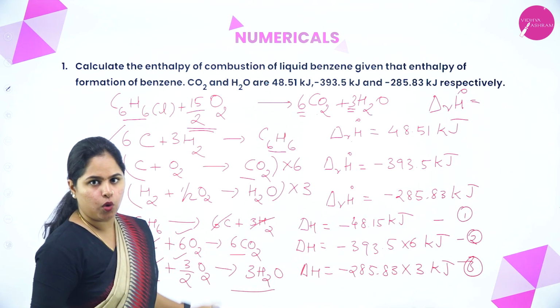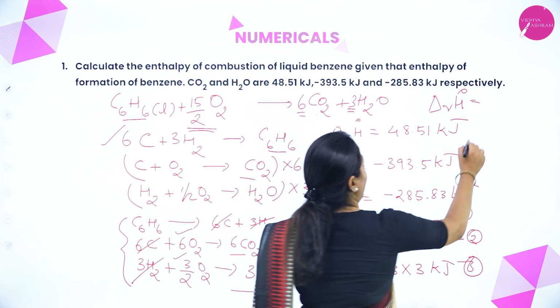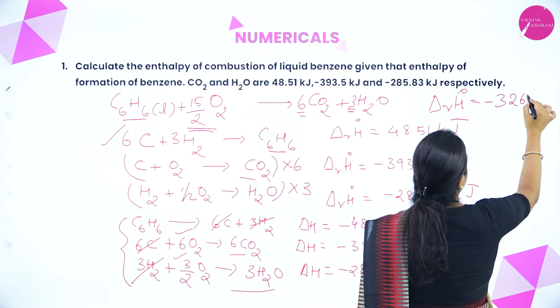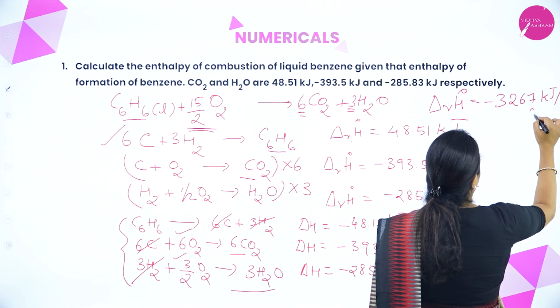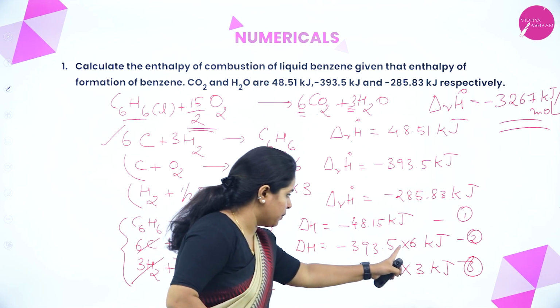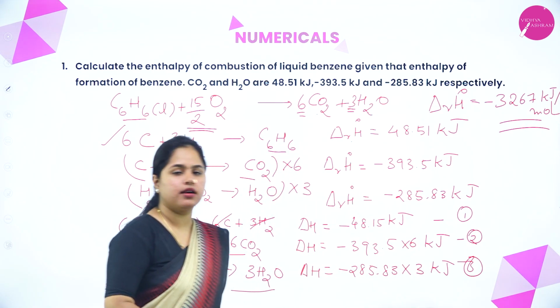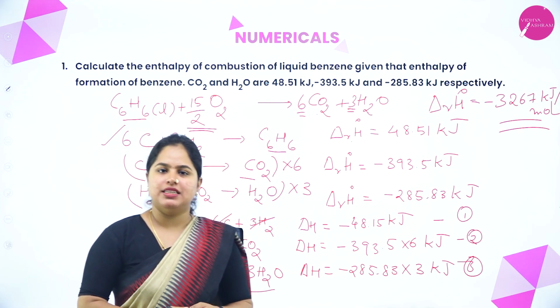We obtained it from each step, right? So the enthalpy of the reaction is calculated as minus 3267 kilojoule per mole. So I hope this is clear. When you are adding, the values multiplied by 6 and multiplied by 3 also you have to include. So finally you will get that answer. I hope it is clear.